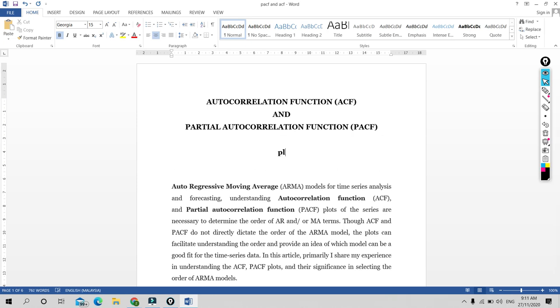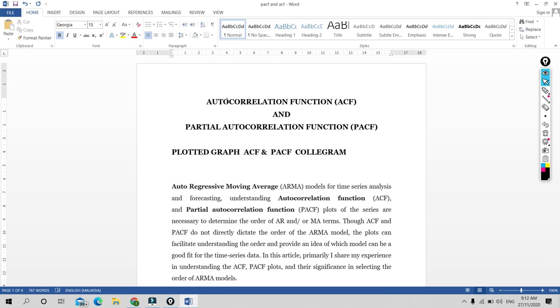The plotted graph of the ACF and PACF is known as a correlogram. The graph is known as a correlogram. Okay.